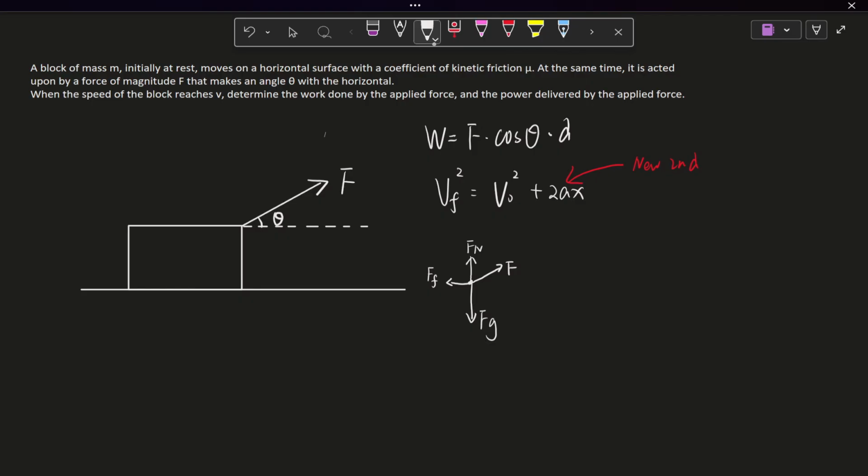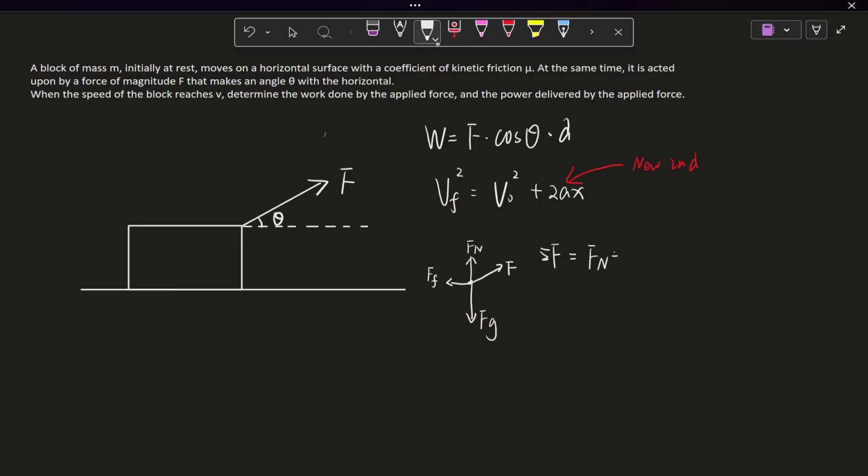So first, let's write the net force equation for the vertical components. Net force is equal to, which components are pointing upward? Fn and the vertical component of the applied force, right? So it should be F times sine theta.